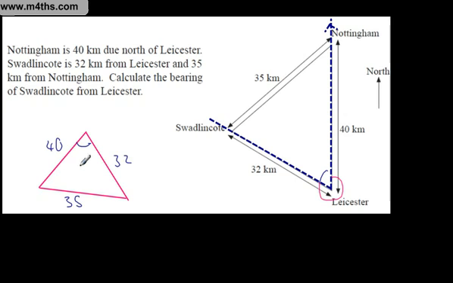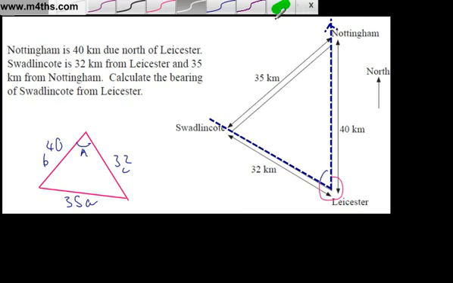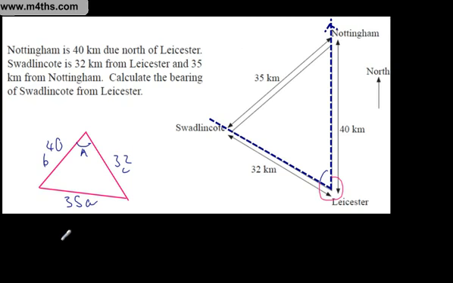If I want this angle, we'll call this angle A. Remember, this is A, this is B, and this is C, big A, and so on. So we can set it up and find that angle. We know that cos A is equal to B squared plus C squared minus A squared over 2BC.